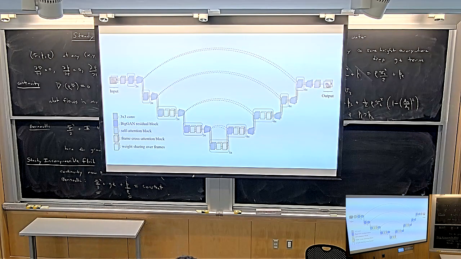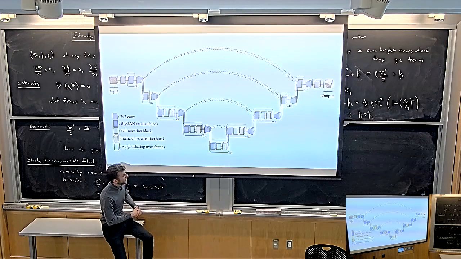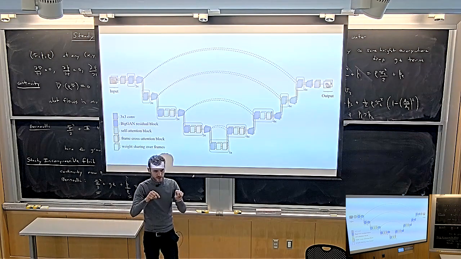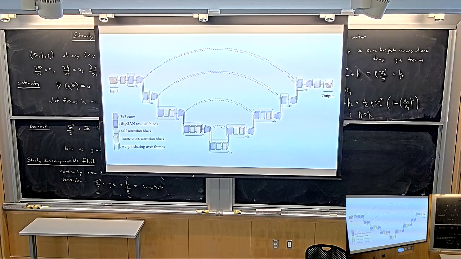You encode both of them with a U-net, and now you want them to be able to exchange information between the noisy view and the clean view. And what they did in this paper, which is very common, you see it a lot across these kinds of papers, is that at each level of the U-net, you just have attention between the features of the clean image and the noisy image. And that's how they basically exchange information.